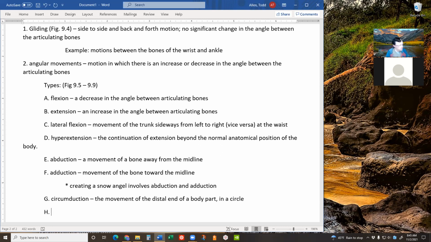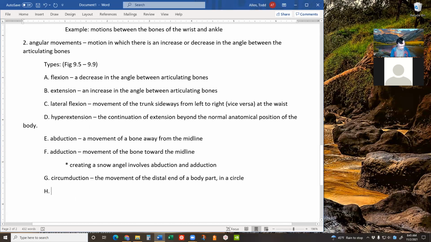We also have rotation. Rotation is fairly easy for us to illustrate. Anytime you turn your head to the left or to the right, such as when you're crossing a street to be sure there's no traffic coming by, you turn your head to look, as you should for safety purposes. That would be an example of rotation.